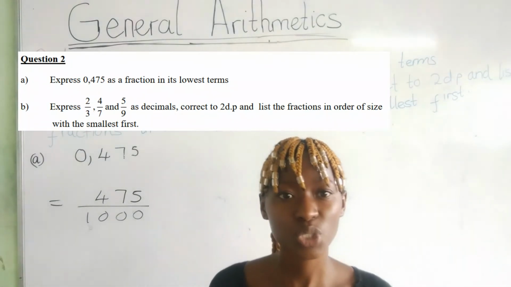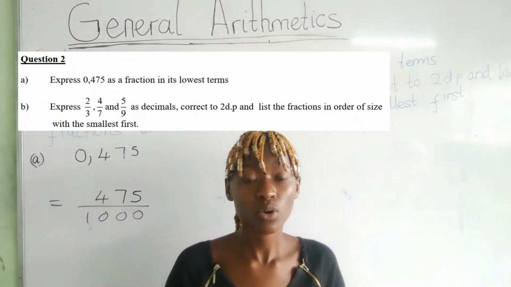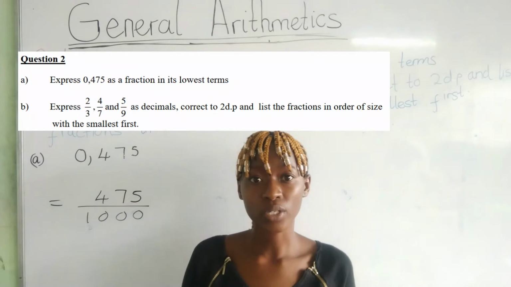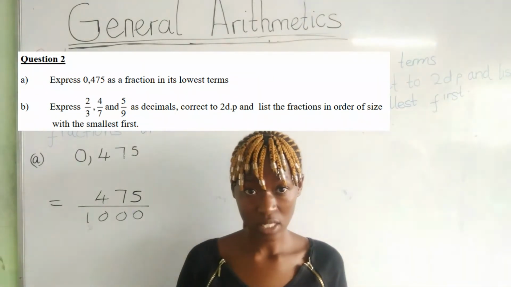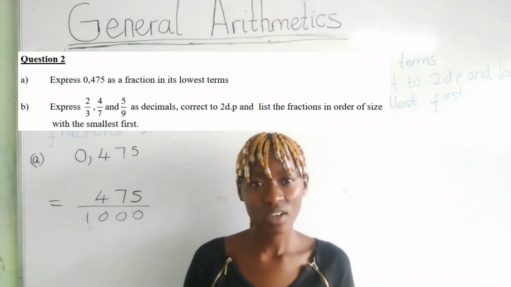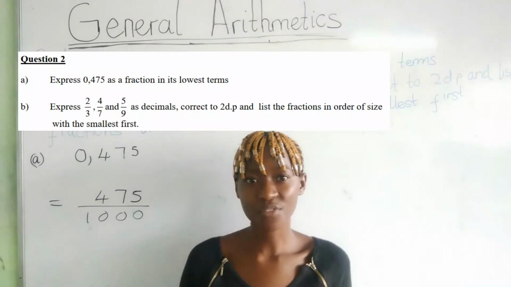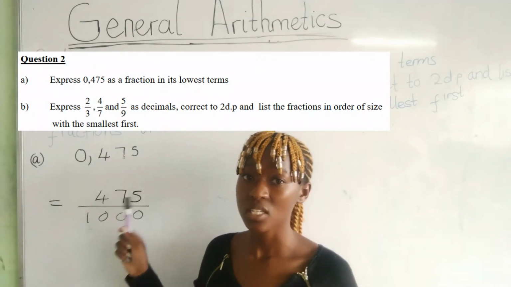If you are not sure of the highest common factor, you can use even the lowest common factors, but that would require you to simplify further and further, unlike someone who would have just pinpointed the highest common factor.